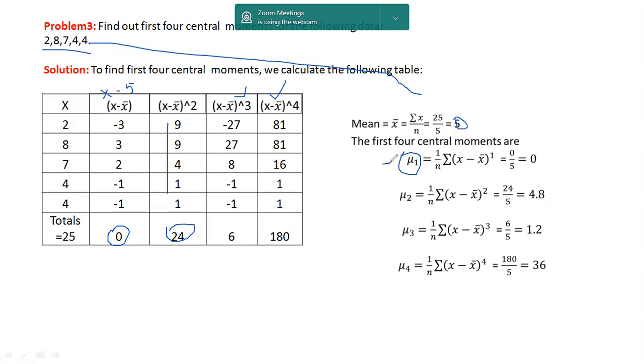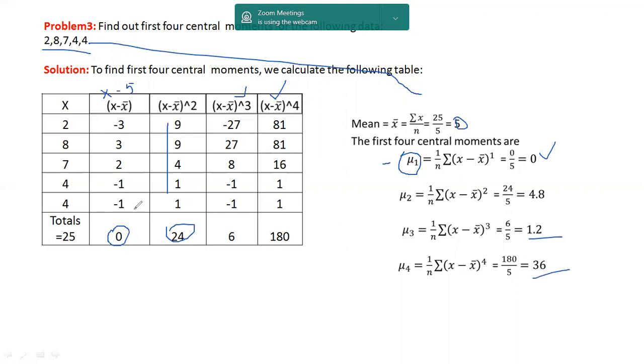Here the summation of (x minus x bar) to the power 1 is 0, so 0 by 5 is equal to 0. The first central moment is 0 and the second central moment is 24 by 5, which is 4.8. The third central moment is the summation of (x minus x bar) whole cube by 5, that is 6 by 5, which is 1.2. And the fourth central moment is 180 by 5, which is 36.